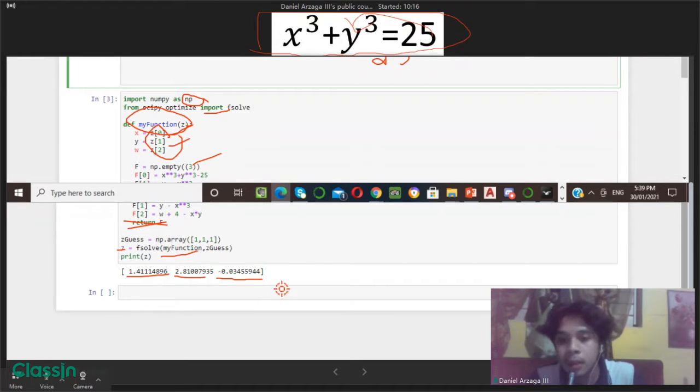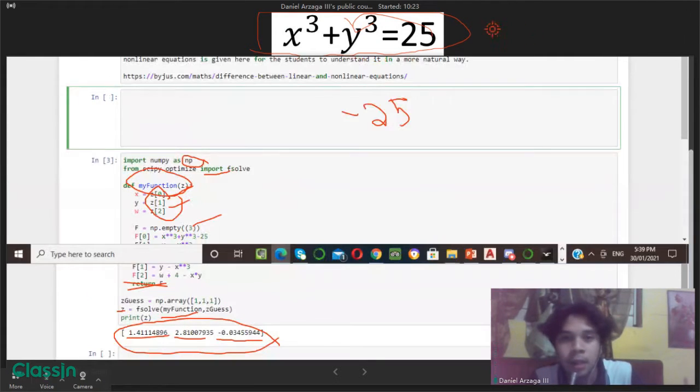So, ito yung answer para dito sa nonlinear na ito yung problem na x cubed plus y cubed equals 25. So, thank you po.